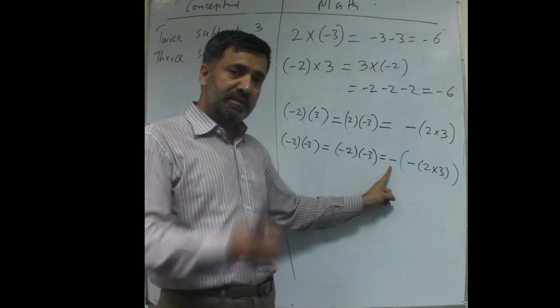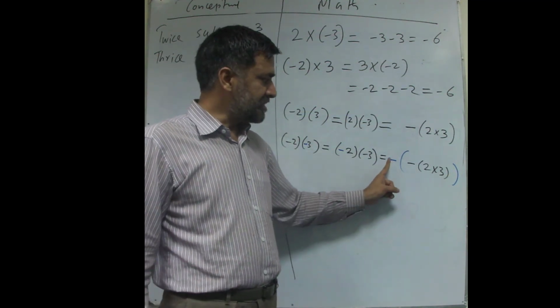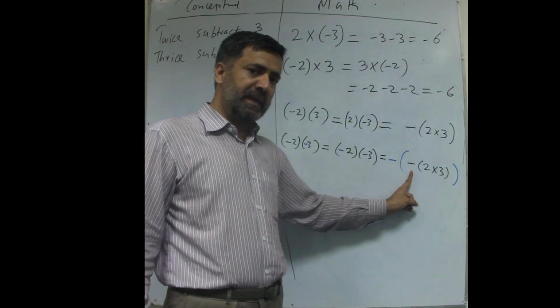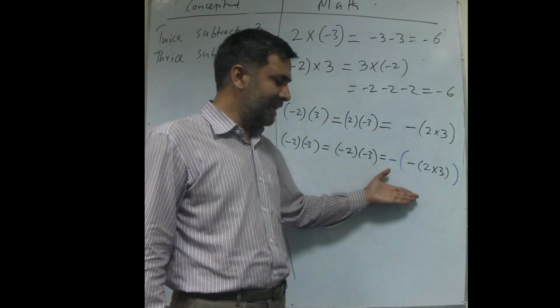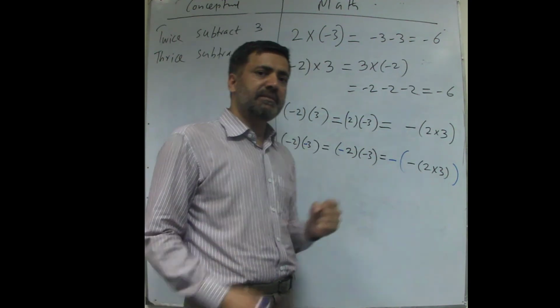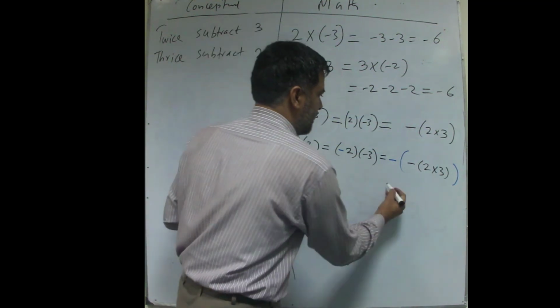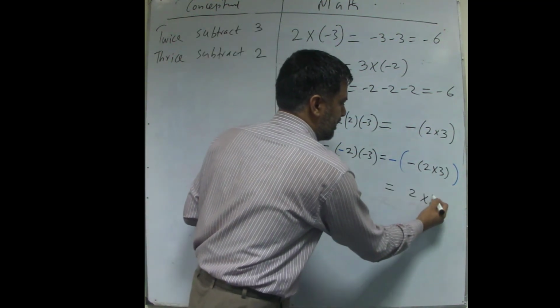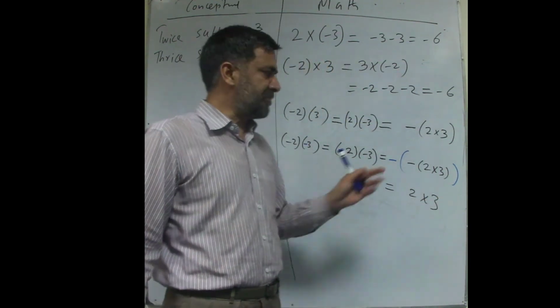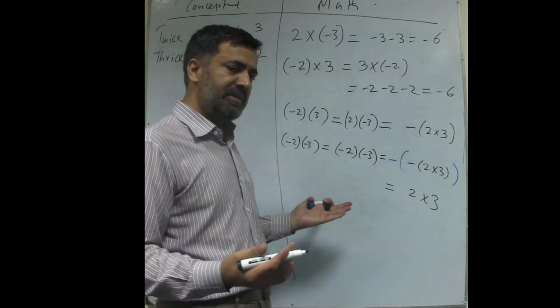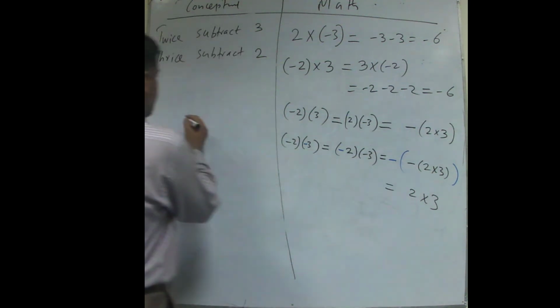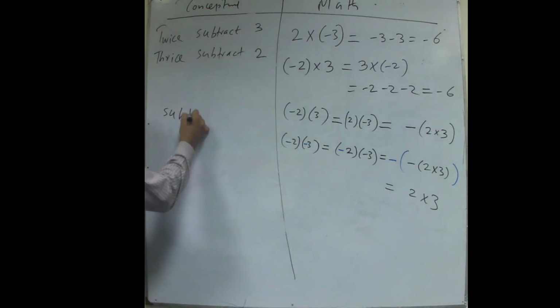Now you learned just a while ago that subtracting a negative number is the same as adding the positive number. So this must equal 2 times 3. Subtracting negative is the same as add the positive, so now I can have a mental picture.